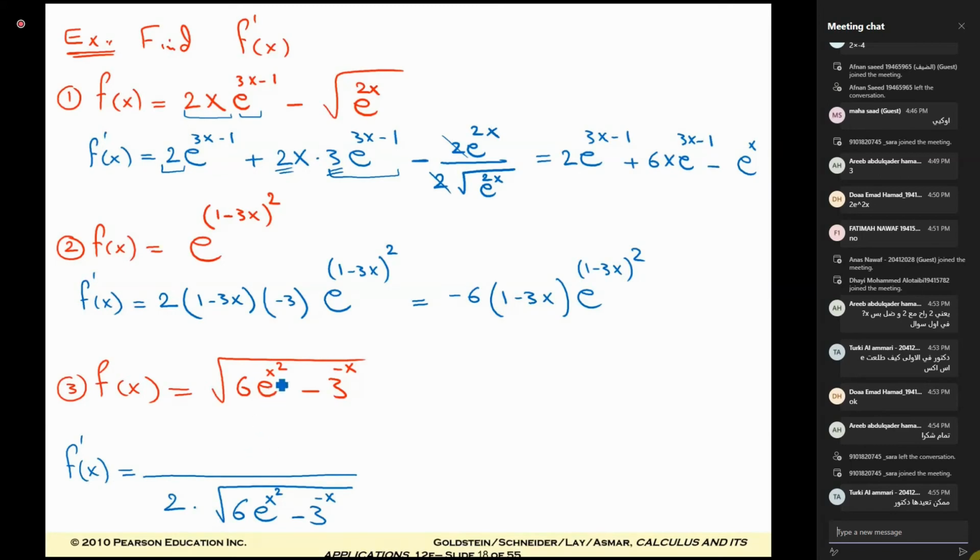The derivative of x squared is 2x. 2x multiplied by 6, so we have 12x multiplied by the same exponential. Now, the derivative of negative x is negative 1. Negative 1 multiplied by negative 3 gives positive 3, multiplied by 3 to the power negative x. But we must also multiply by ln 3.